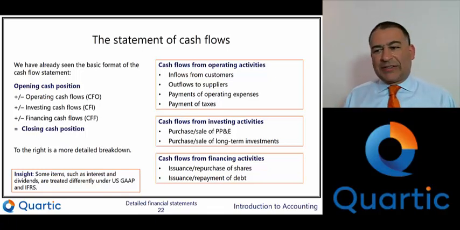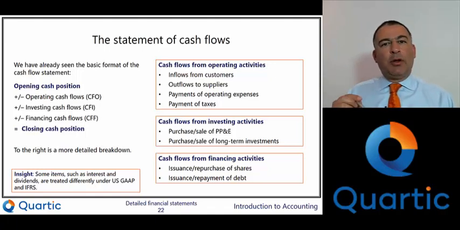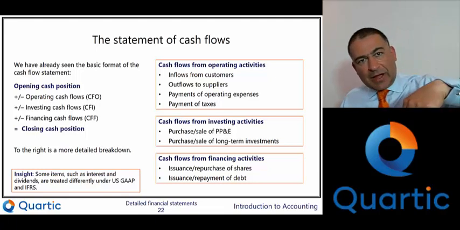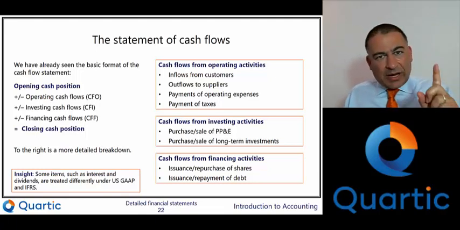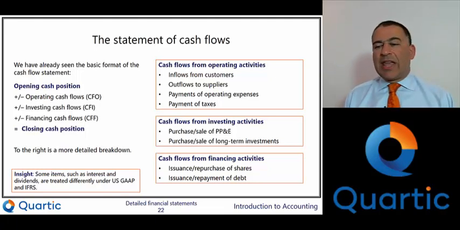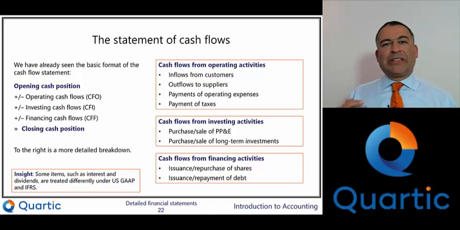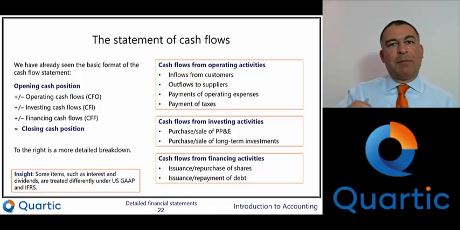CFI are the investing cash flows, and this is long-term assets and long-term investments. So PP&E, property, plant and equipment, and long-term investments. The purchase of those, which is going to be a negative CFI, and the sale of those, which is a positive CFI. So if you buy a machine, let's say a machine is purchased for $10 million, it'll be CFI of minus 10 million.